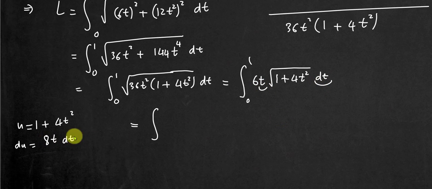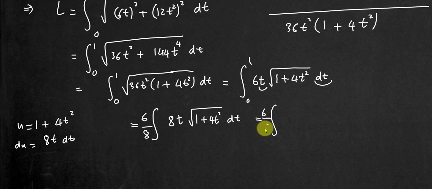I'm missing the number 8, so I'm going to multiply 8 inside together with the t, and then also divide by 8. And then the number 6, I just bring it outside, and I have the square root of 1 plus 4t squared dt. And now you see that 8t and dt give me du. And then the square root of the whole thing here now is u.